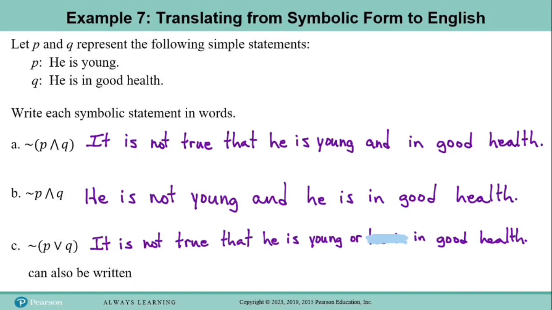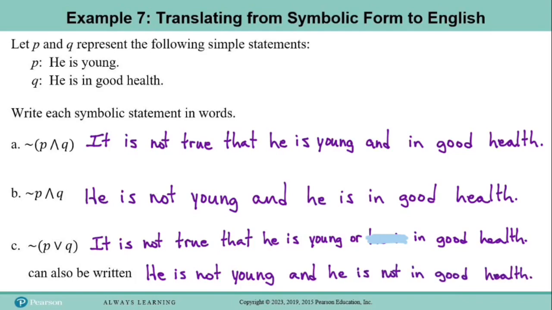So, what you could say is, he is not young, and he is not in good health. So again, writing it in this form doesn't really look like the symbolic statement that we have here, but it does have the same meaning, and this probably gets your meaning across a little better for most people.